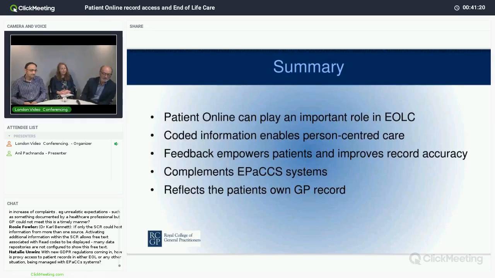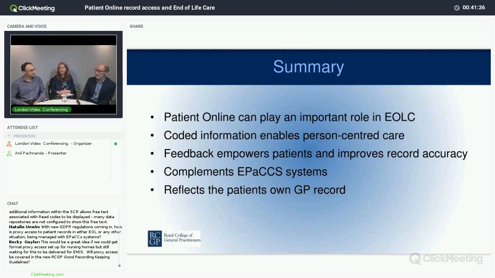Yeah. There's a good question here. In your experience, is Patient Online, I think it means, associated with an increase in complaints, for example, unrealistic expectations, such as something documented by a healthcare professional, but the GP could not meet this requirement in a timely manner? As far as I'm aware, there's not that sort of evidence to say that it's creating more workload.